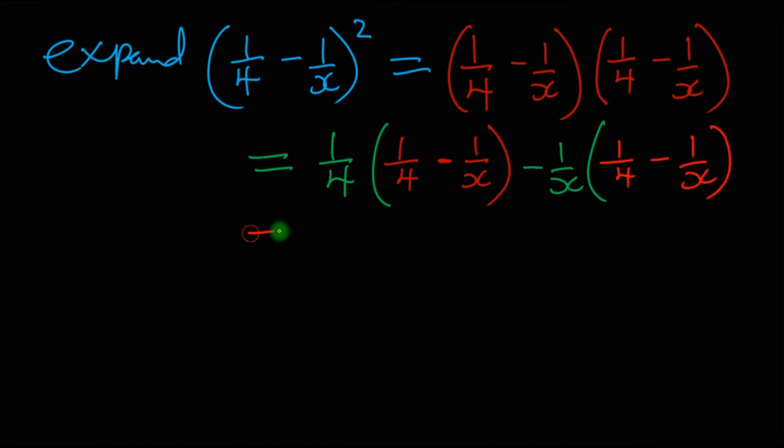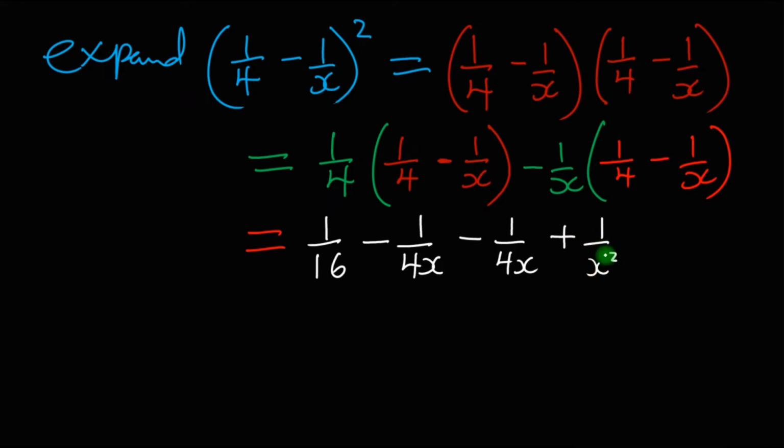A quarter times a quarter will be 1 over 16, minus a quarter times 1 over x, that will be 1 over 4x. Then minus 1 over x times a quarter, that is minus 1 over 4x. Then minus 1 over x times minus 1 over x, that is plus 1 over x squared.